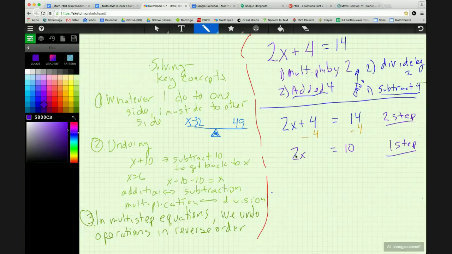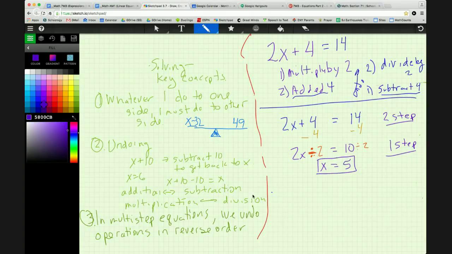What if I say 2 times x is equal to 10, how do I undo multiplication? Well, I undo multiplication with division. So I'm going to divide both sides by 2, because I had a 2 times. So now I get x, 2 times x divided by 2 is just x, and that equals 5.